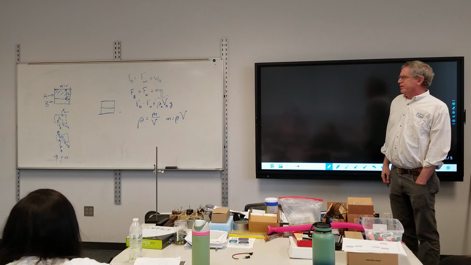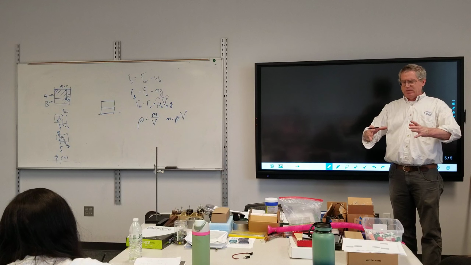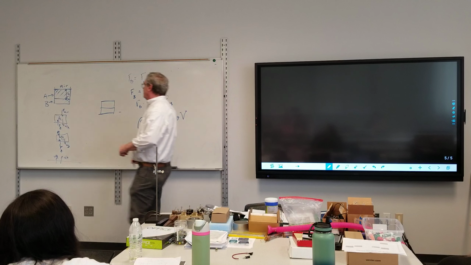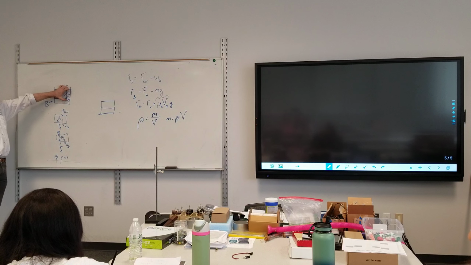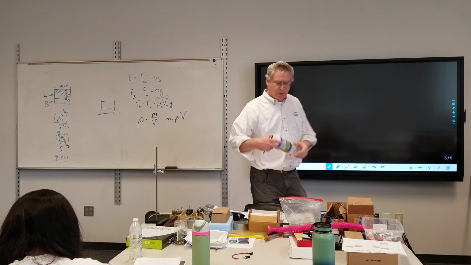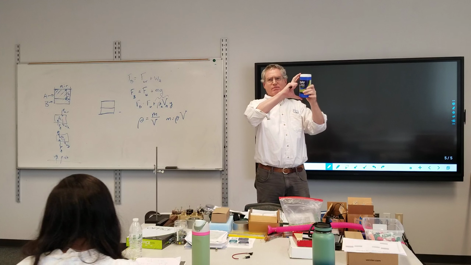Now the volume of it, just for the sake of simplicity, assume it's a cylinder. The volume of A is just whatever the area on top is times that depth right there. So if I take a normal cylinder, the volume is just the area times the height.